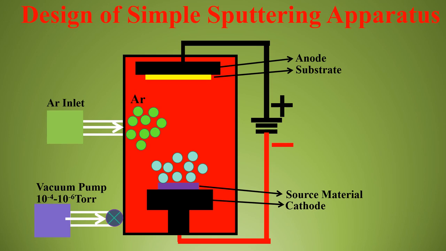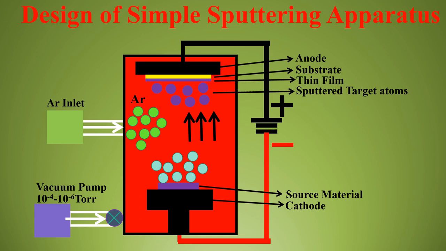These argon ions incident or strike onto the source material, the material which you want to deposit, and they result in ejection of the source material. These argon ions physically remove the source material, and the source material travels toward the substrate, which results in the deposition of the thin film.